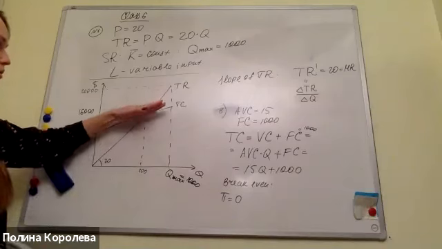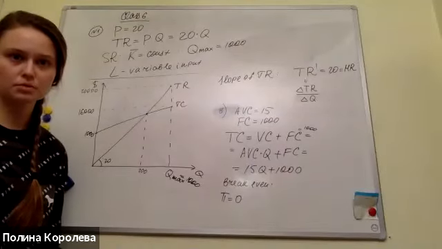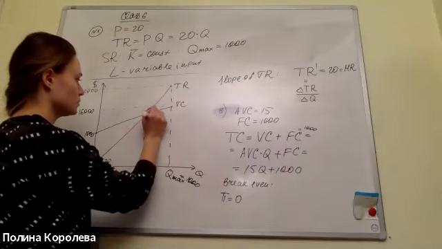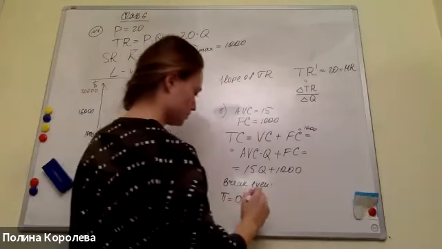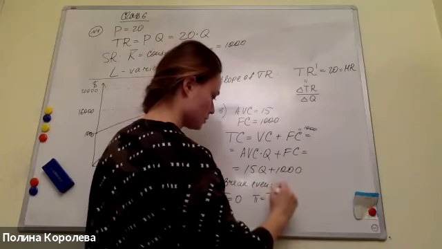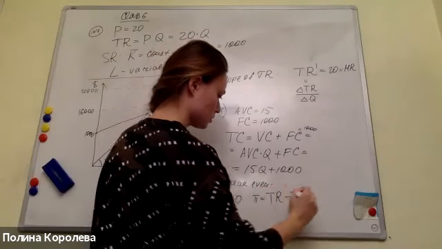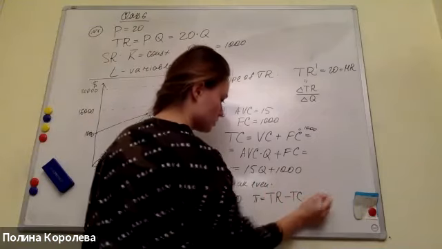Yes. So at this point, total revenue equals total cost when quantity is equal to 200, and the profit here will be zero. Let's write down: profit is the difference between total revenue and total costs, and we should make it zero.